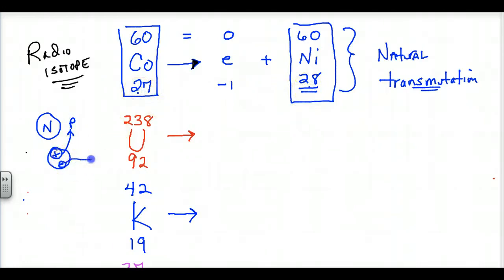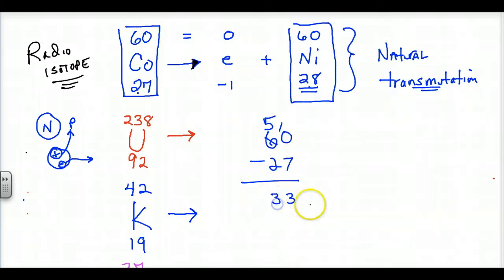This electron is kicked out, and if you notice, our ratio of neutrons to protons changed. If you look at 60 minus 27, we get 33. So there's 33 neutrons to 27 protons in this case.